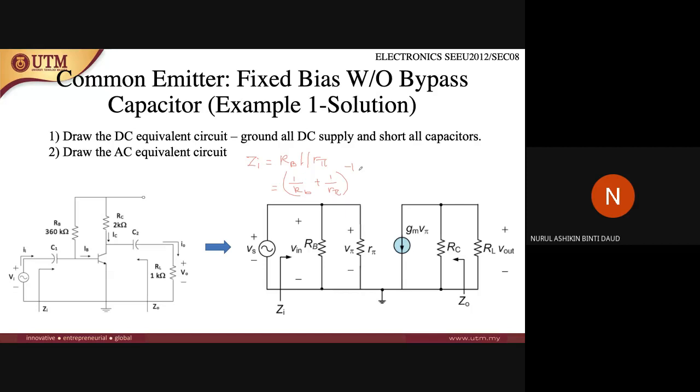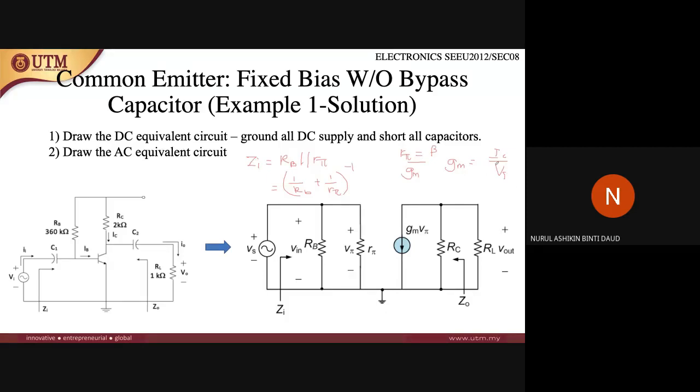Still remember, the value of R pi is beta over gm, and the value of gm is IC over VT.